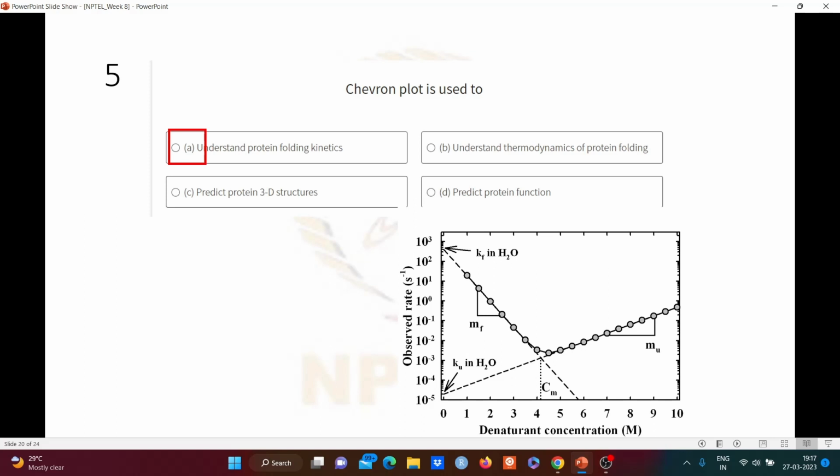So these midpoints of transition and slopes are helpful for calculating the thermodynamics of folding and unfolding from this plot. I think this was discussed in detail by Sir in class as well. I don't exactly remember the lecture, but it has been discussed.